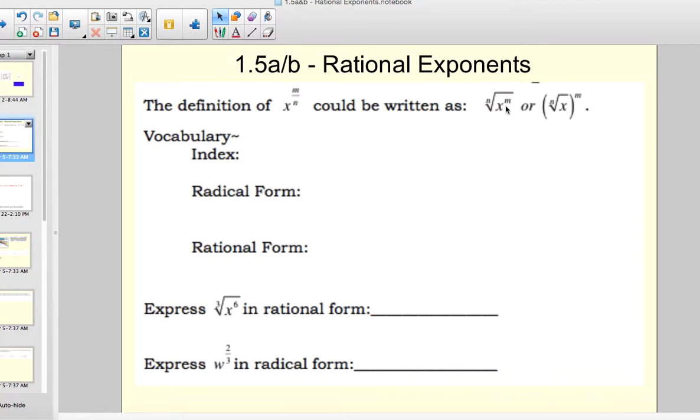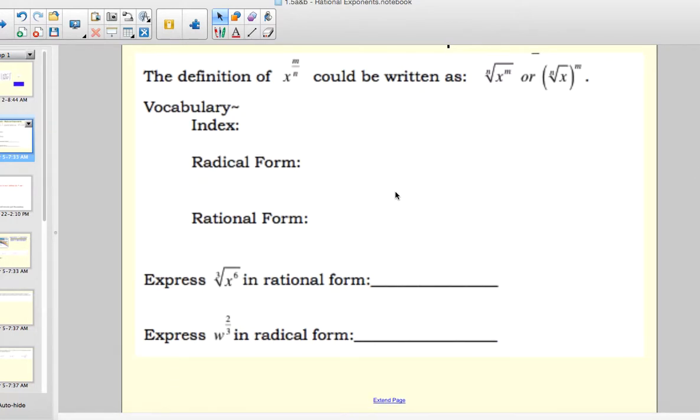Sometimes it's going to be easier to use this, sometimes it's easier to use this. Most of the time it'll be easier to use the second one. So, for example, if I gave you the third root of x to the sixth, that's already in radical form, right? Well, I'll fill in these blanks actually, hold on.